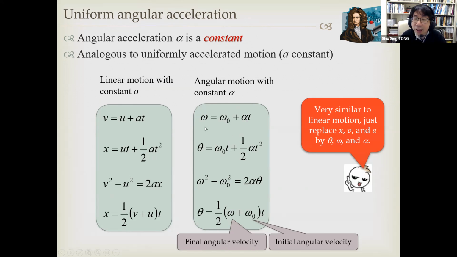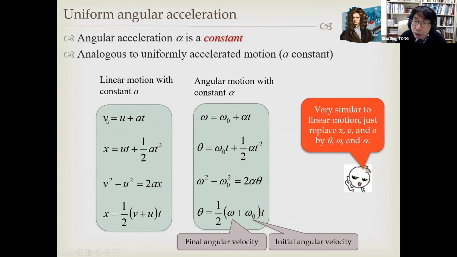So you see these equations are just identical in form to the rectilinear counterpart. The only difference is that we replace the rectilinear quantity with the angular quantity. For example, here we have the initial velocity u, and here we have the same thing, but now we are concerned with rotation, so we write it as angular velocity. The initial angular velocity we denote by omega naught, with a naught to denote that it is the initial one.